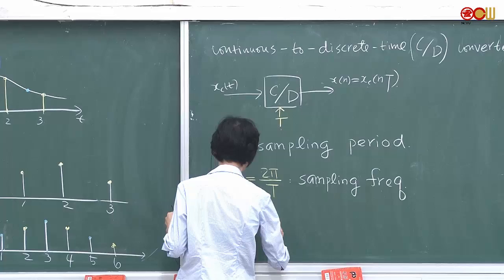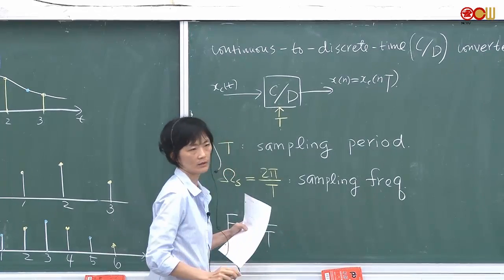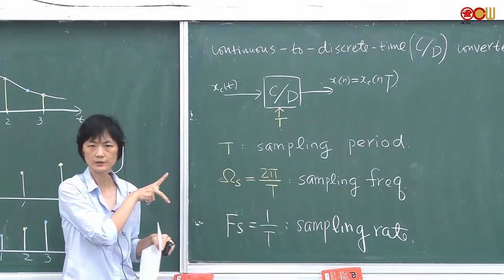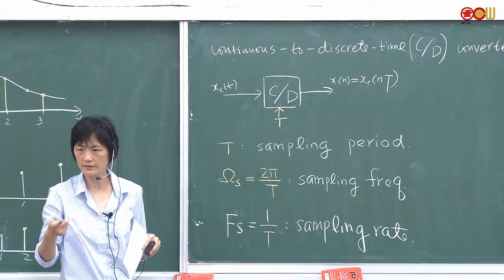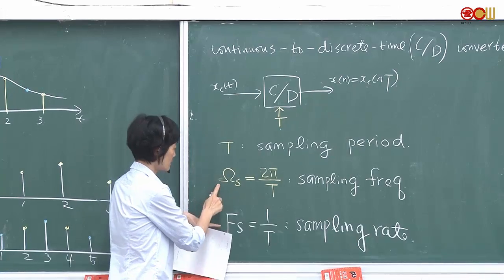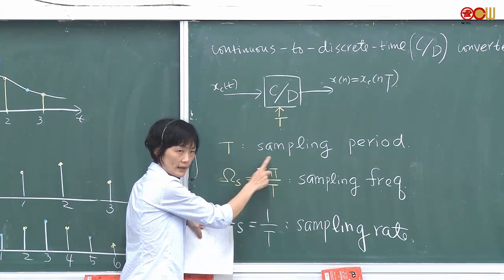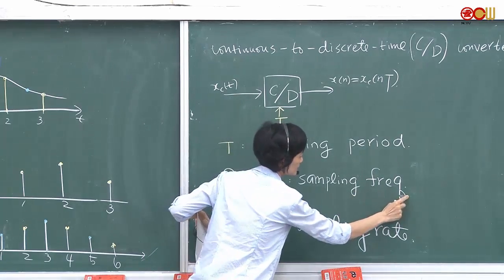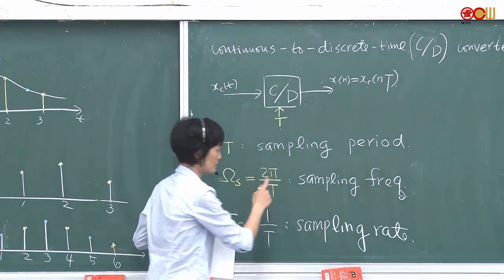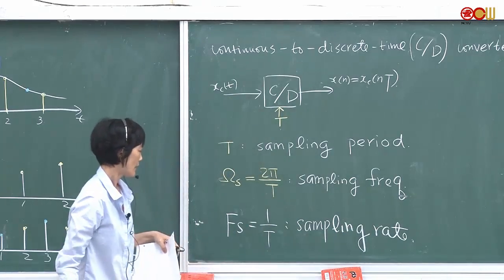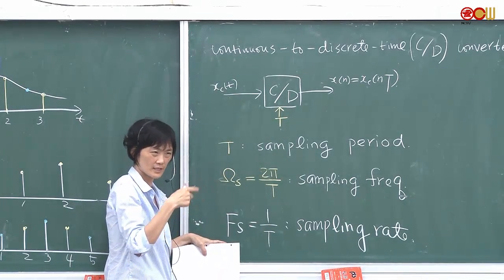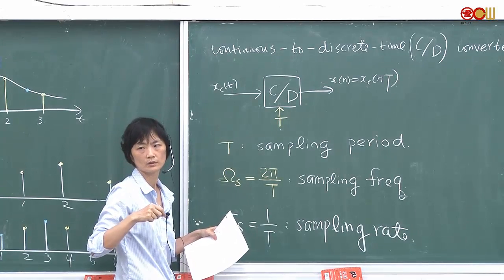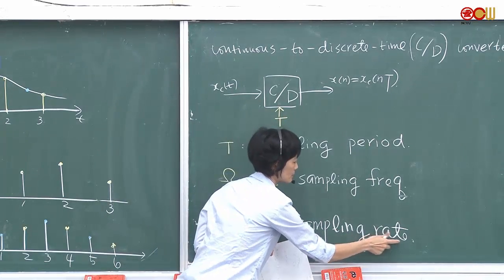And sampling rate is simply 1 over T. These two may be a little bit confusing, but if you want to remember the name, just remember that this has a 2 pi, so this is called frequency. Okay, sampling frequency. And this is sampling rate, 1 over T, so it tells you how fast it samples.